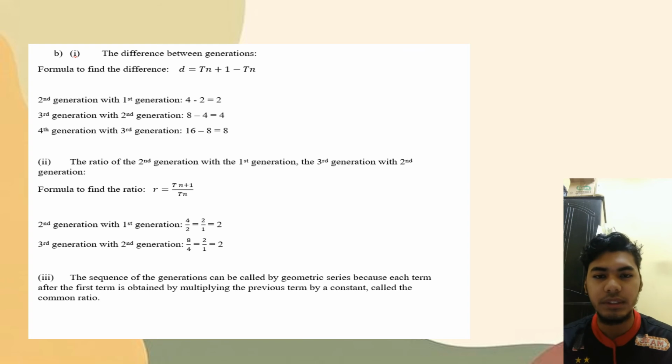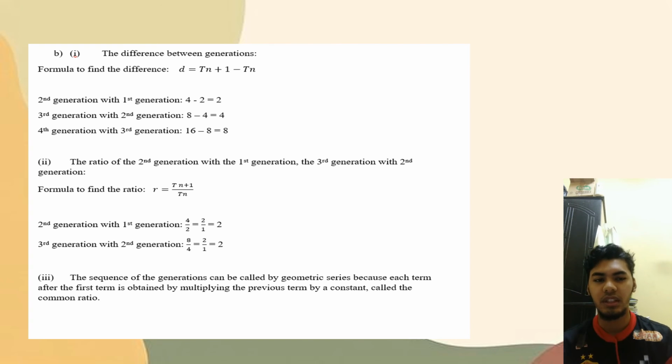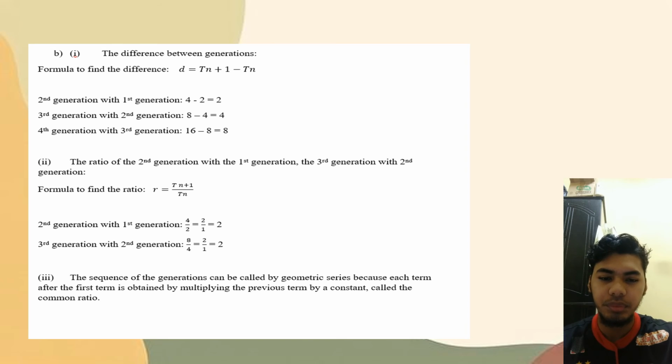So 4 divided by 2, we can simplify it to 2 over 1, and the final answer is 2. For the ratio of the third generation and the second generation, we divide 8, the third generation, by 4, the second generation. We can simplify it again to 2 over 1, and the final answer is 2.